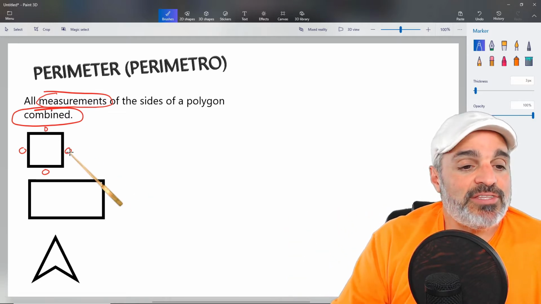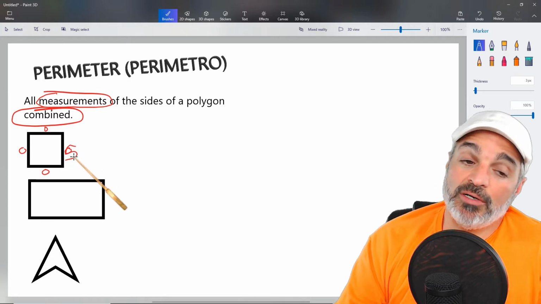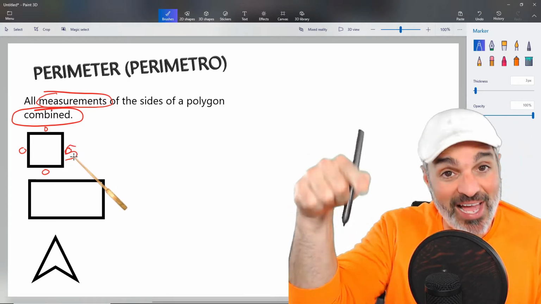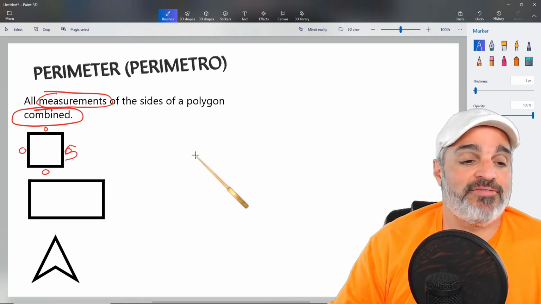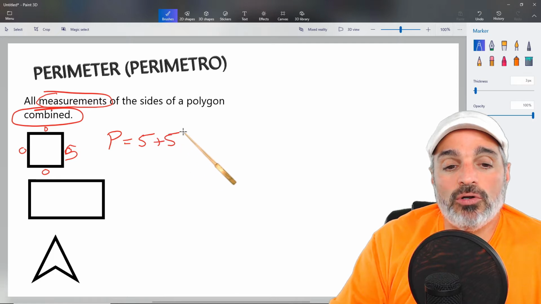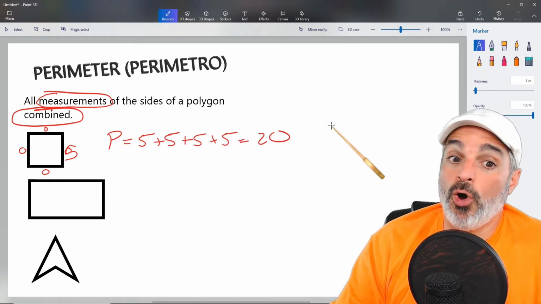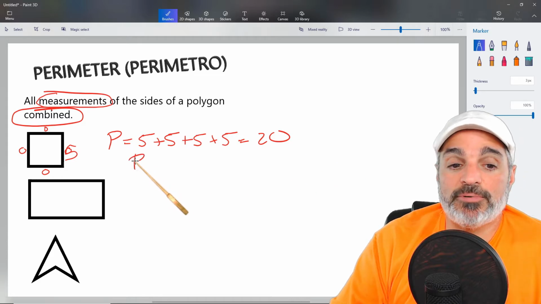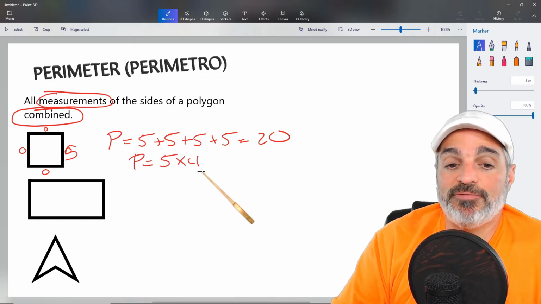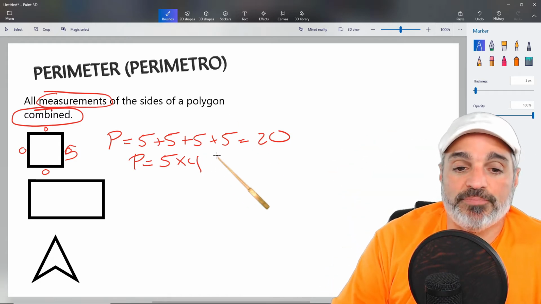So if I tell you that this side here is 5, then you can tell me, well, Mr. S, is that a square? If that's a square, then all sides are 5. And to calculate the perimeter, all I have to do is just add all of the sides, and I already have the perimeter. Good. Or you can say the perimeter is 5 times 4. 5, 4 times, which is the same thing.